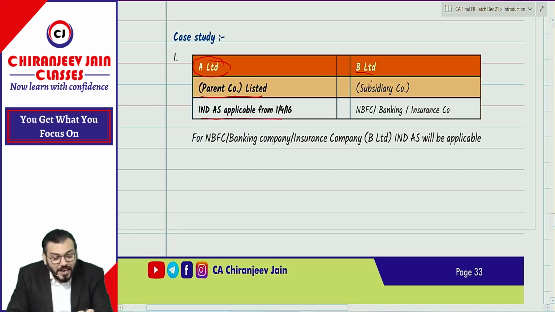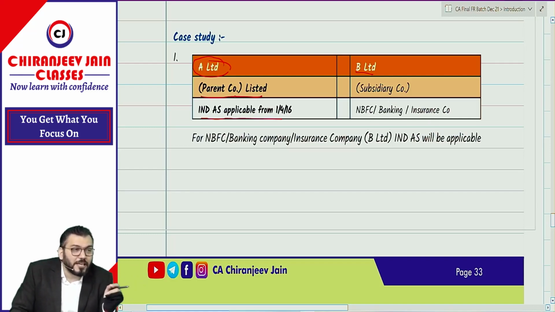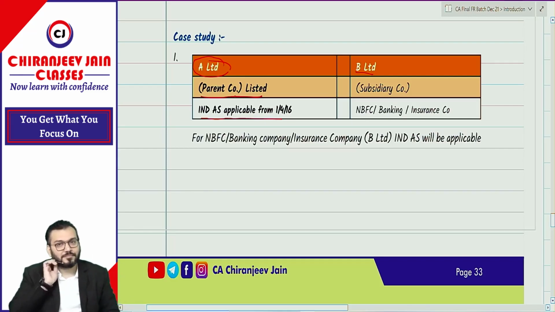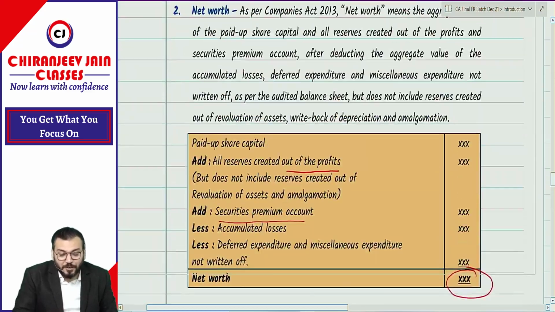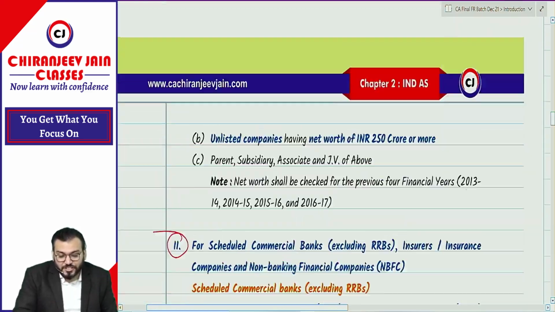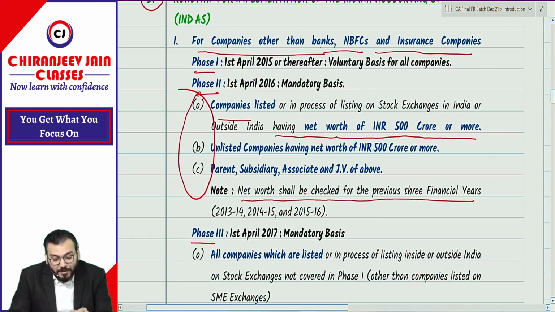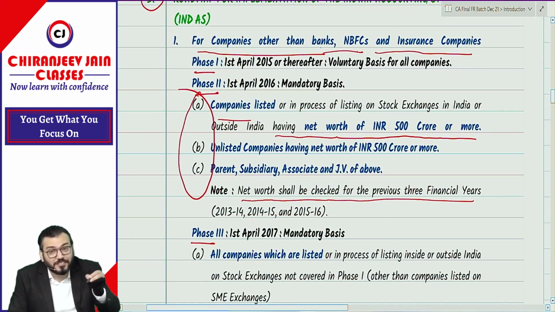Now the question is, this B Limited being an NBFC, banking company or insurance company, whether Ind AS will be applicable to this company from 1/4/2016. Doubt, you have understood? Because it is given in the roadmap. If you can see in the roadmap, it is given that for a parent, subsidiary, associate or joint venture, Ind AS will be applicable from the same date.